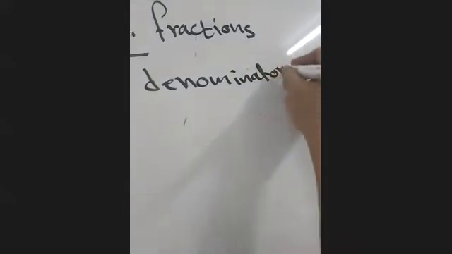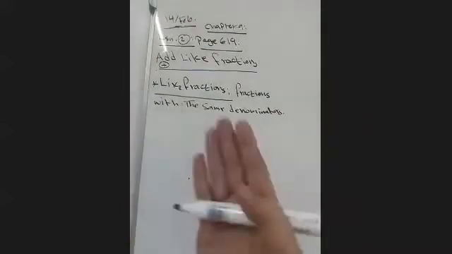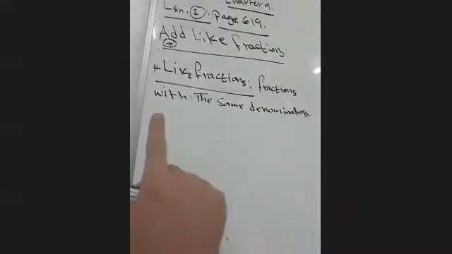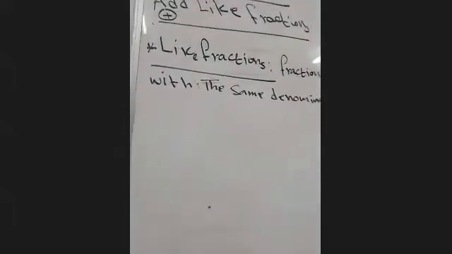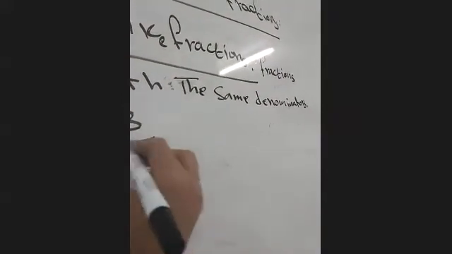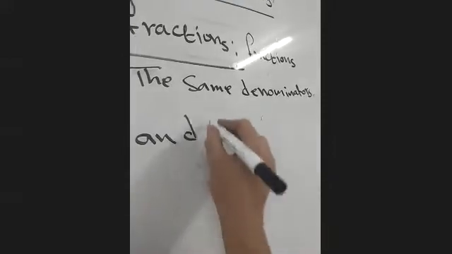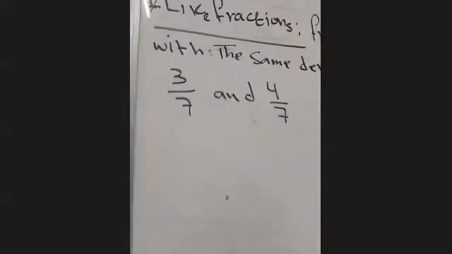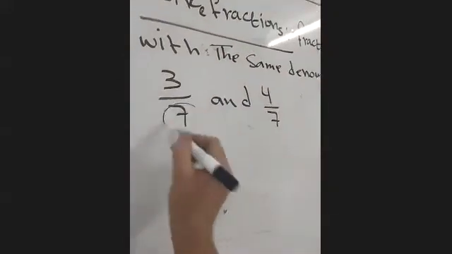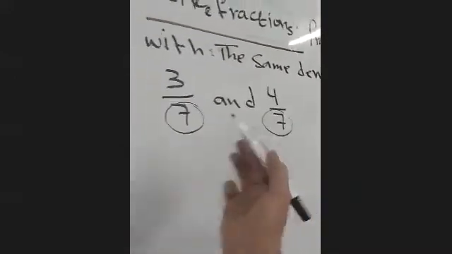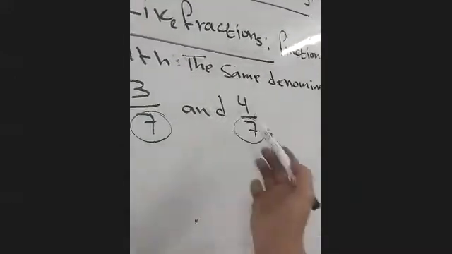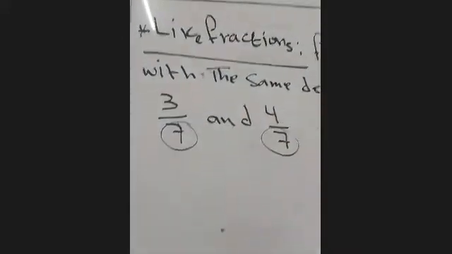Okay, guys? So the word like fractions means fractions with the same denominators. For example, 3 over 7 and 4 over 7. Look here, guys, we have 7 and 7. Same denominators means these two fractions, we call them like fractions.